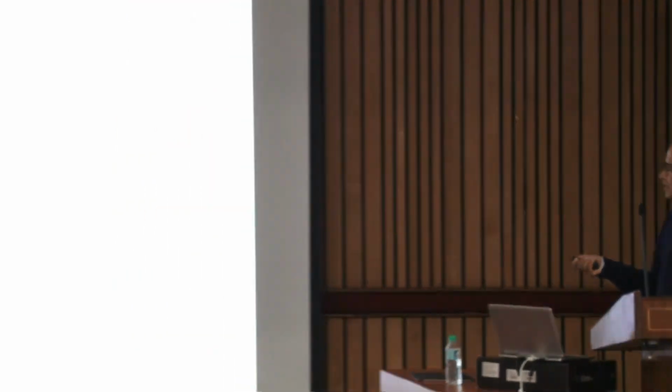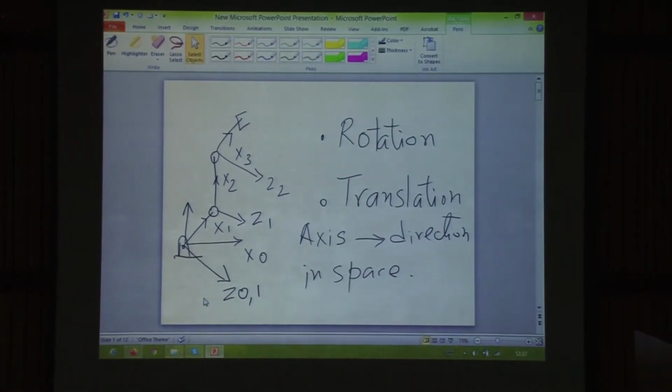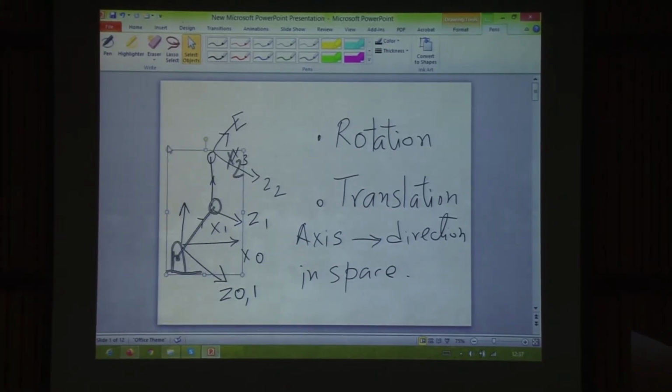So let's continue. What we have seen is that if you define a robot like this, there is a base of the robot which does not move. We are making the assumption here that the base is not moving and only the end effector is moving.